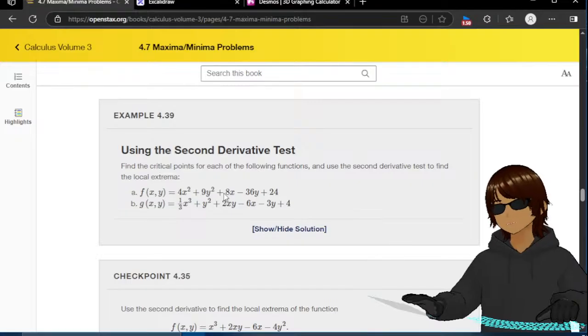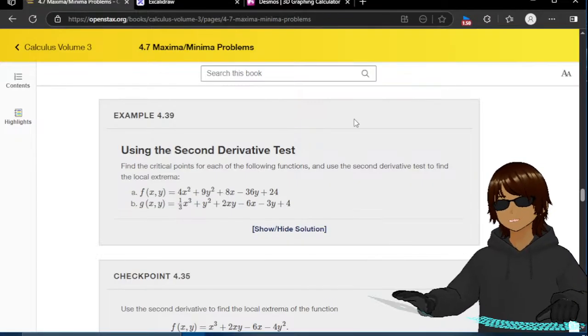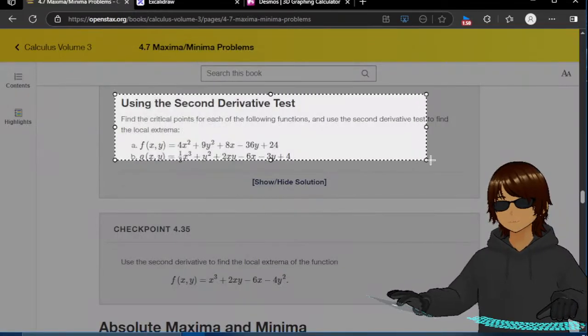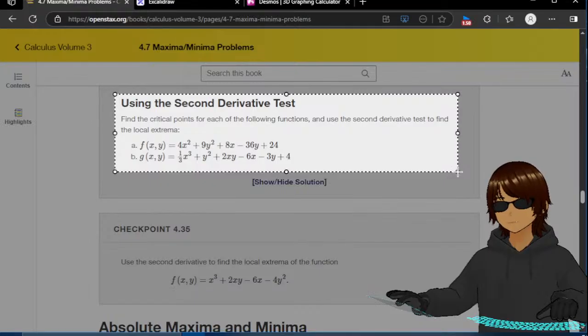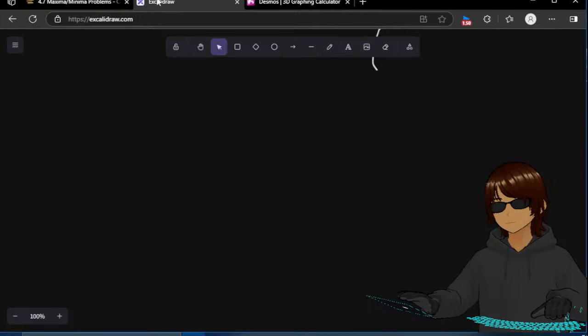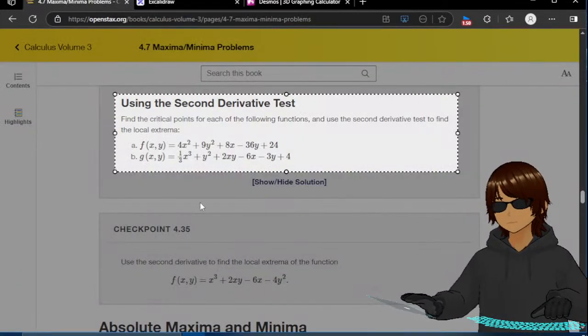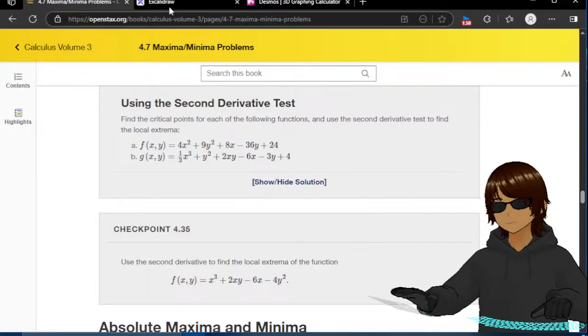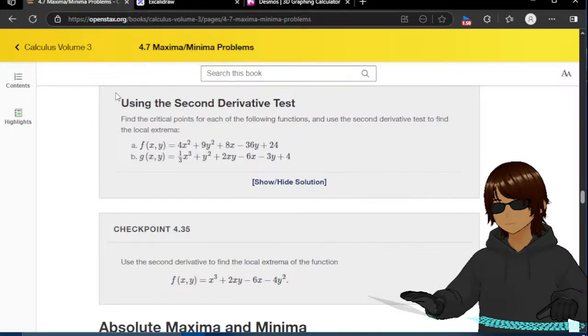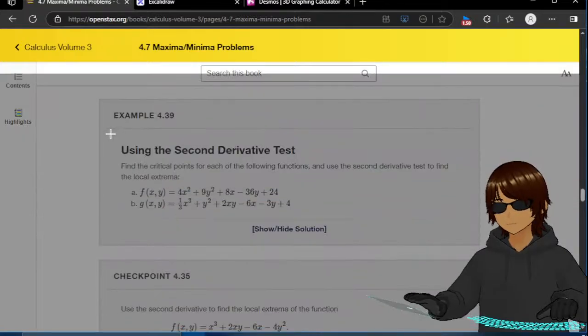Okay, this is quite confusing. So, copy this. It doesn't even copy properly. Where did it go?